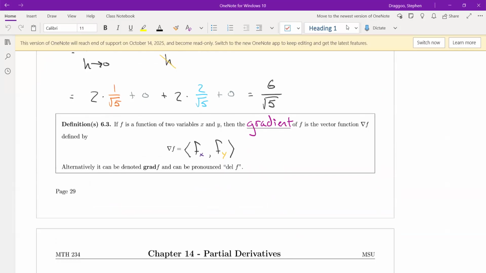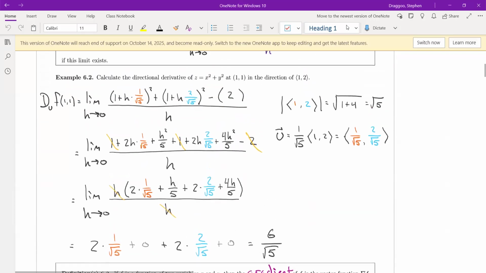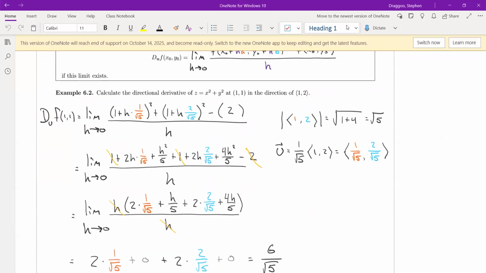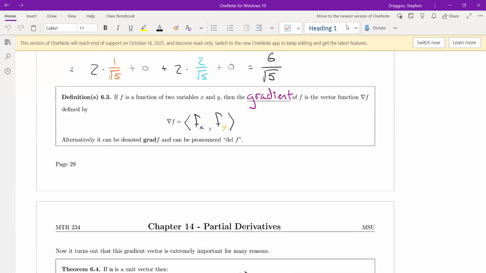However, the gradient operator happens on a scalar function. So I take some original function, whatever f is, it's going to be a scalar value, something like f equals x squared plus y squared in the previous example, which is not a vector, right? That's just a scalar. x squared plus y squared is a scalar value, but its gradient will be a vector. And its vector is pretty easy to remember.